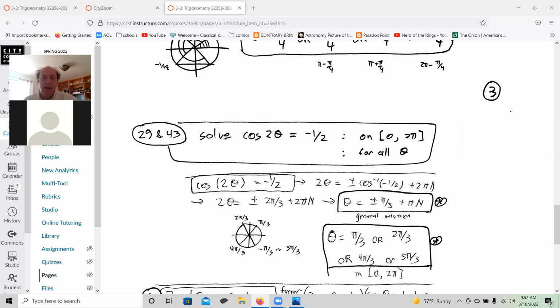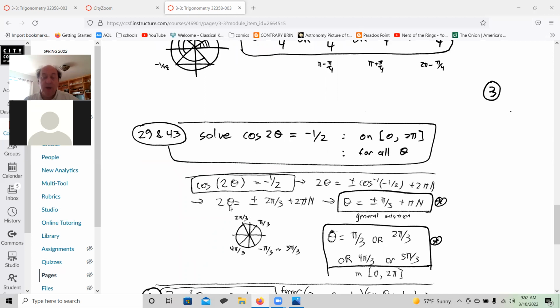Solve cosine 2 theta equals minus 1/2 on the unit circle and for all theta. Oh, watch out, 2 theta. This is a little more complicated. If cosine 2 theta is -1/2, then 2 theta is plus or minus arc cosine of -1/2 plus 2 pi k. Arc cosine of minus 1/2 is 2 pi/3, then plus 2 pi n.